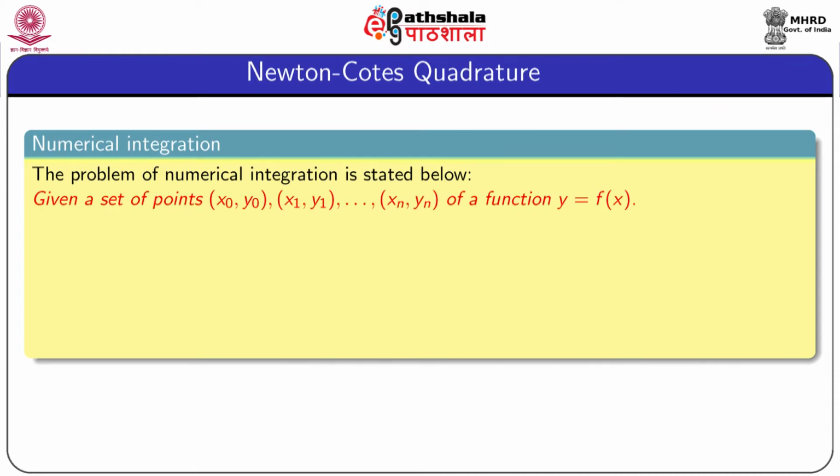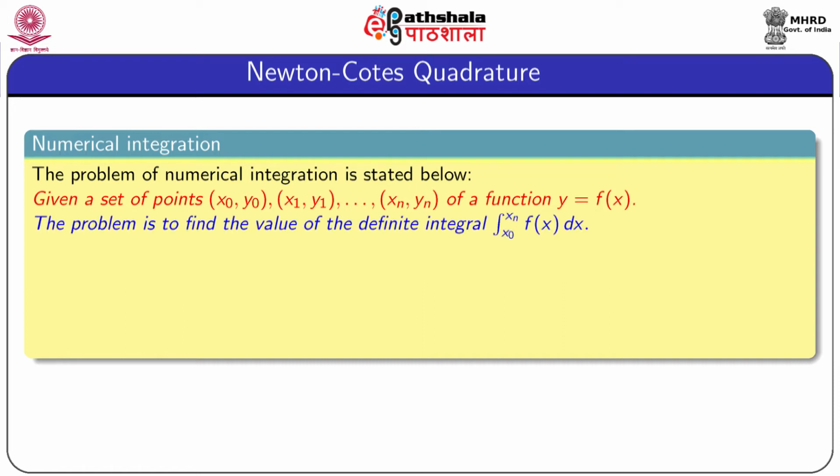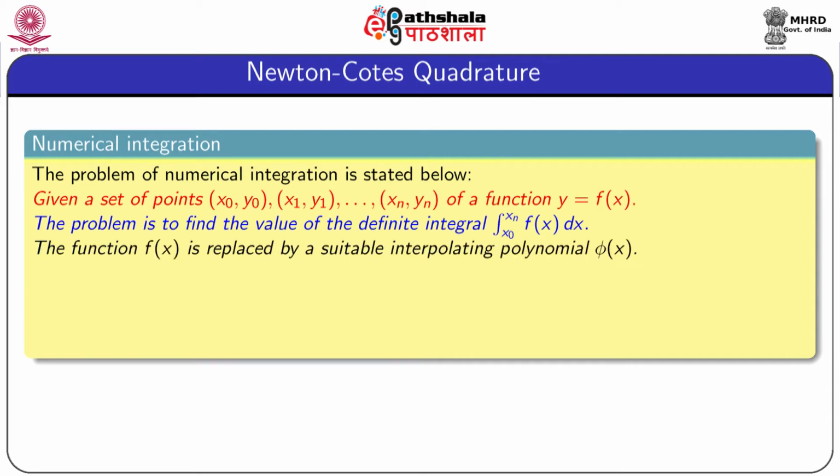Given a set of points (x0, y0), (x1, y1) up to (xn, yn) of the function y equal to f(x), the problem is to find the value of the definite integral from x0 to xn of f(x) dx. The function f(x) is replaced by a suitable interpolating polynomial, denoted by phi(x). This phi(x) may be the Lagrange interpolating polynomial, Newton's forward or backward interpolating polynomial, or any kind of interpolating polynomial.